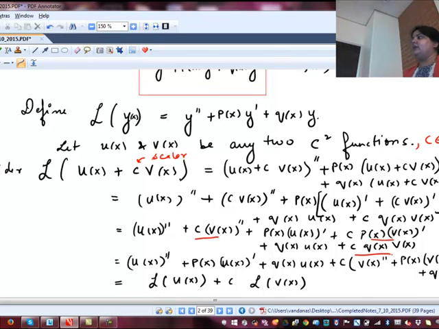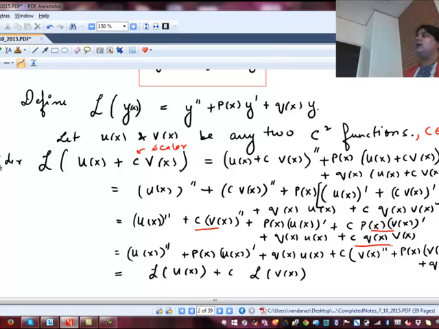Okay, now can anybody give me an example of L? So L is like a function here, whose input is a function, and it's giving out a result, and this L is linear. Can you give me any other L which will also follow this property?